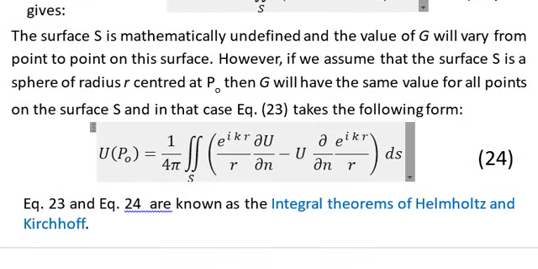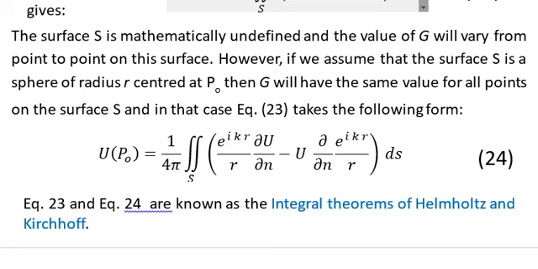The surface S is mathematically undefined, and the value of G will vary from point to point on this surface. However, if we assume that the surface capital S is a surface of radius r centered at point P naught, then capital G will have the same value for all points on the surface S, and in that case equation 23 takes the following form.